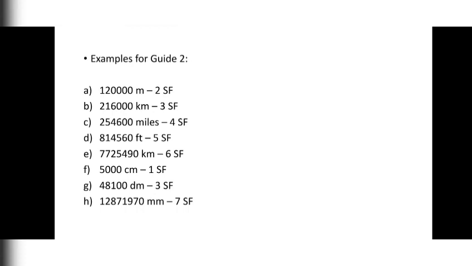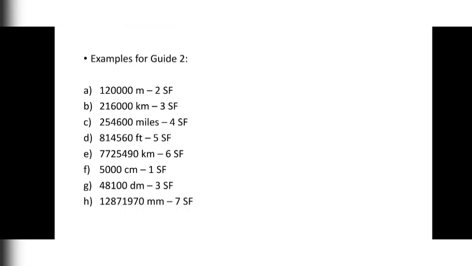For E, we have 7725490. Now this one ends at 9, and the other one is 0. There are only 6 significant digits here, so it's got to be 6 significant figures. For letter F, we have 5,000 centimeters. For this one, there's only one number that's not a zero, so it's considered as one significant figure.